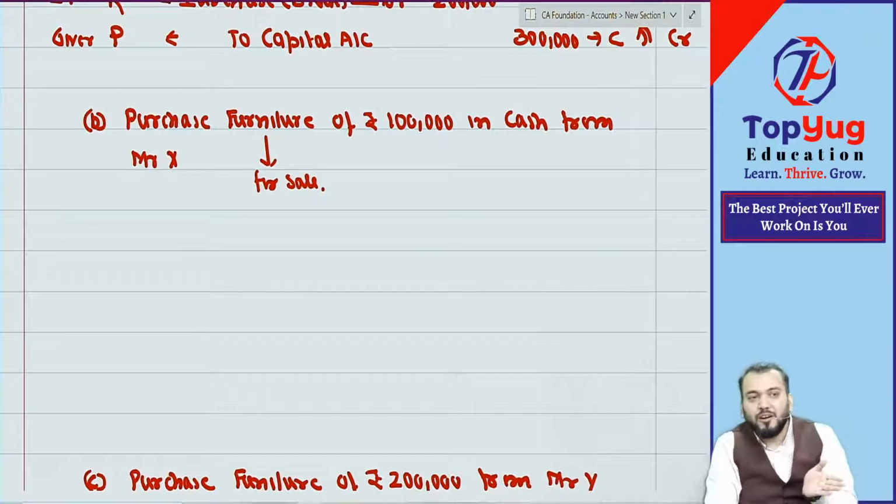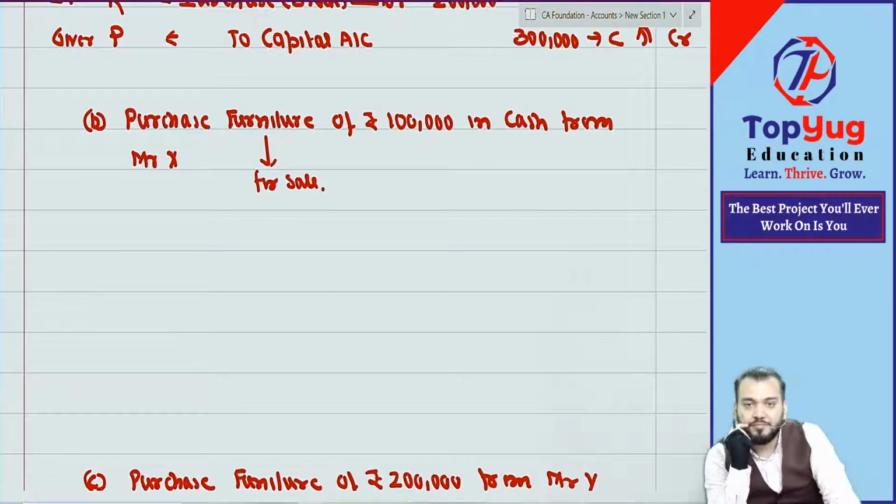If you have doubt about which account is debited and which account is credited, just do it the way we have done in the last class. First analyze and then form journal entries. Correct? First find out two aspects.